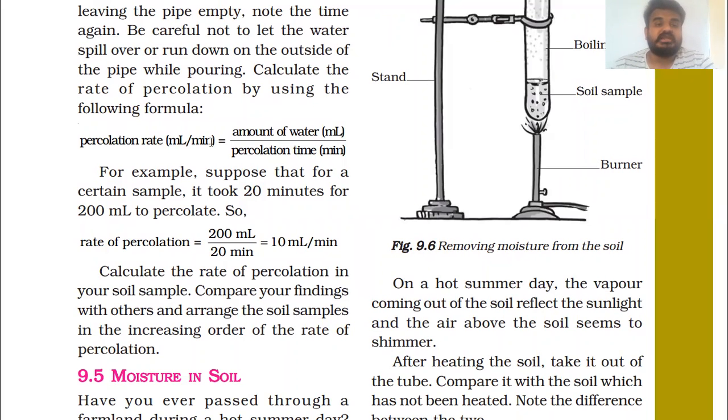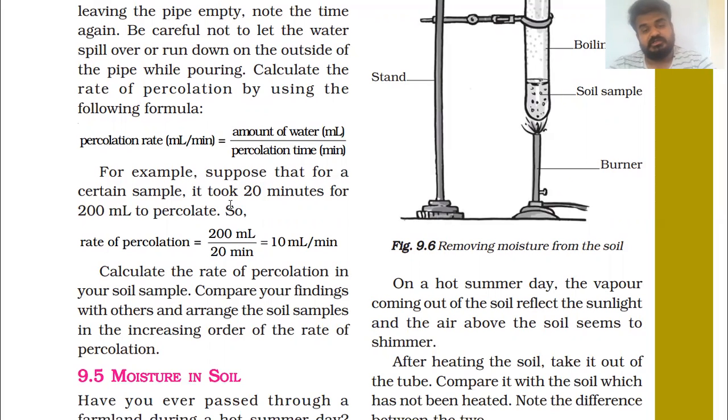So percolation rate in ml per minute equals the amount of water in ml divided by the percolation time in minutes. For example, suppose that for a certain sample, it took 20 minutes for 200 ml to percolate. So, the rate of percolation equals 200 ml upon 20 minutes, and that is 10 ml per minute.